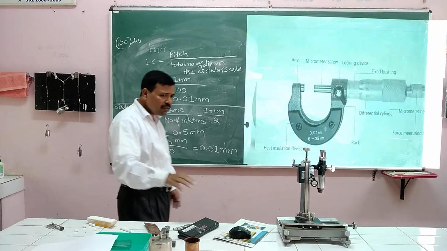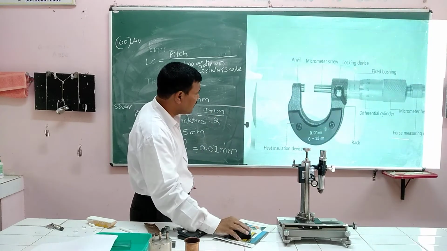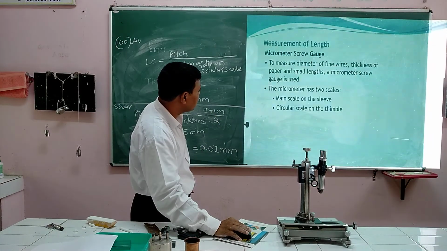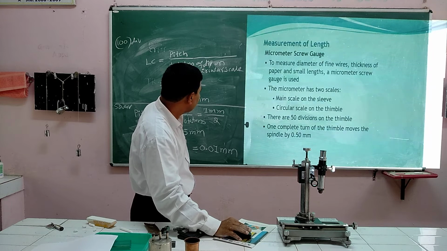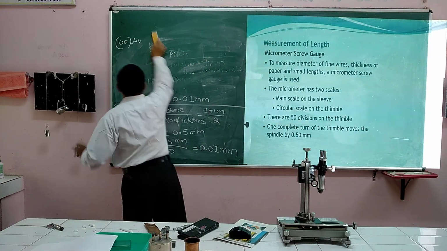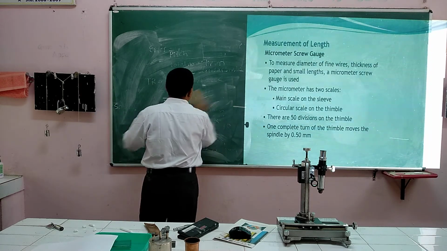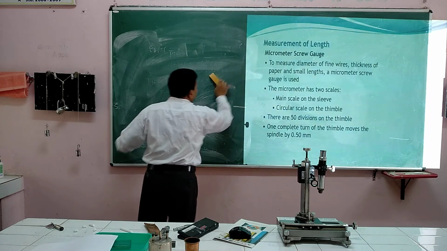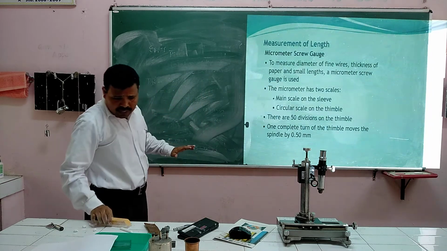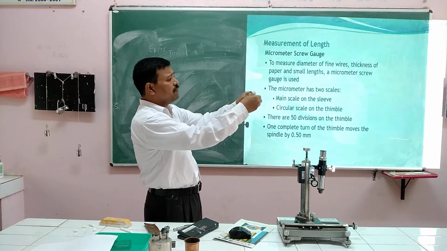Fine. Now how to measure a small length using a screw gauge? As I have told you, there are 2 scales.